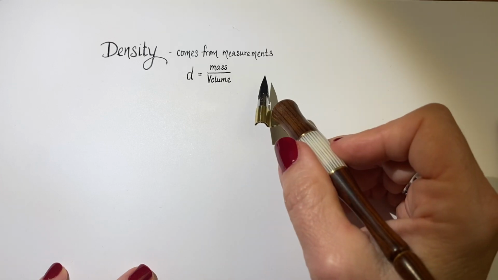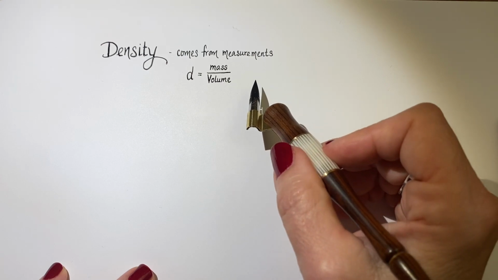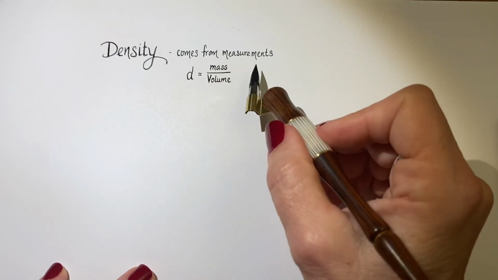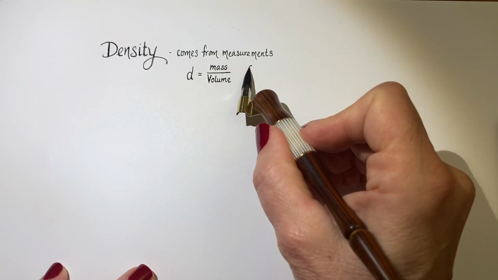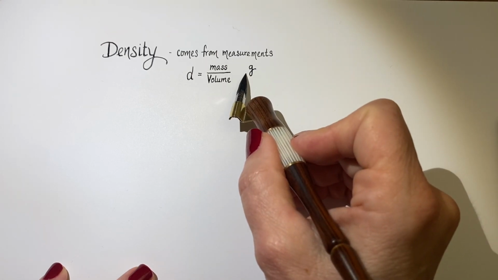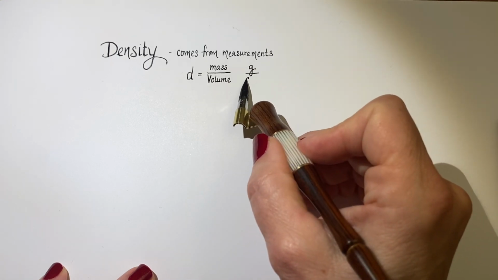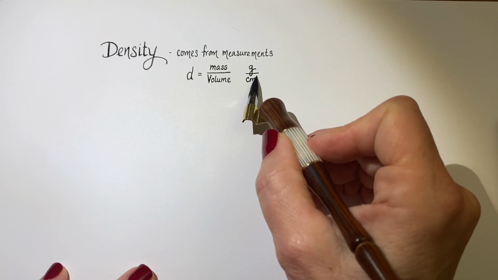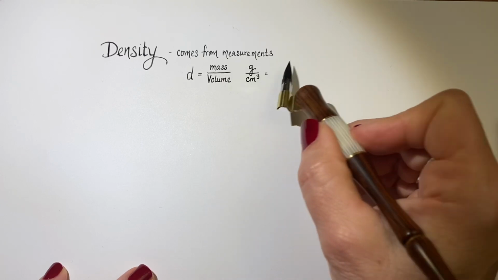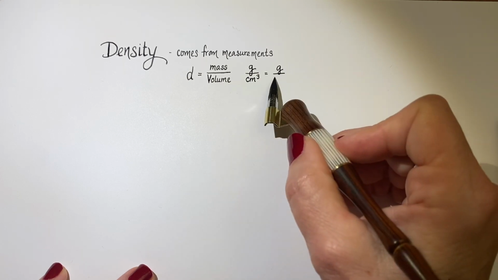So typically, in the laboratory or really everyday life, the mass that is very common to use for scientists is grams. And a volume that's very common when we're looking at liquids or solids is centimeters cubed. Okay, that is the same as milliliter.